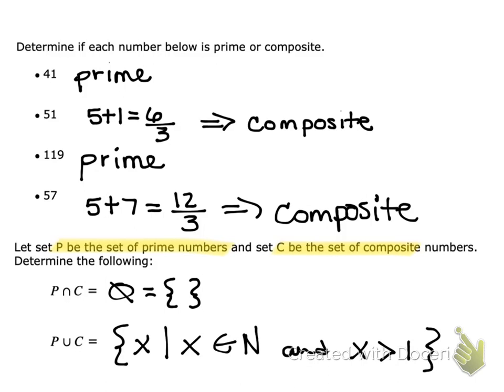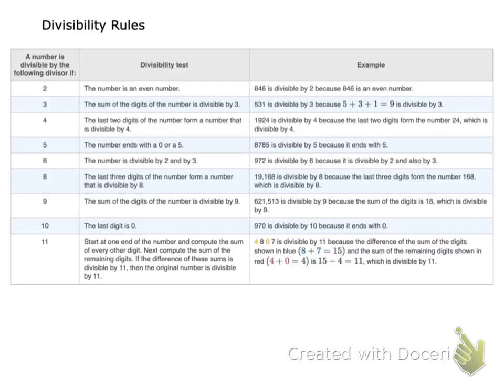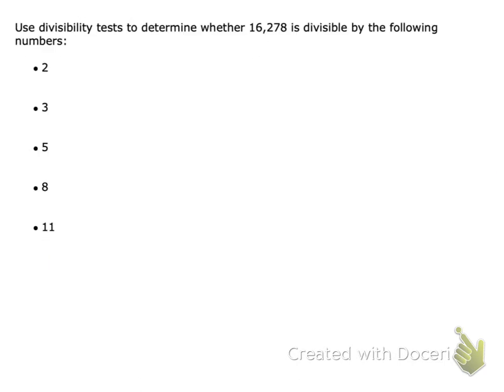Okay. So we talked about our divisibility tests. So then let's go ahead and just practice dividing some numbers, figuring out what they're divisible by. So first number. We are going to determine whether 16,278 is divisible by these numbers here.